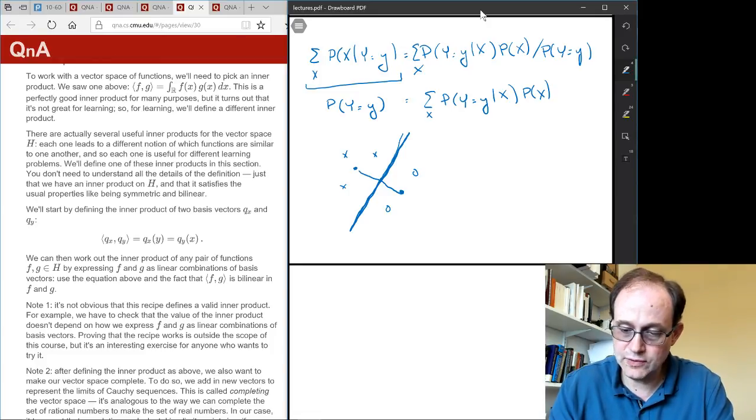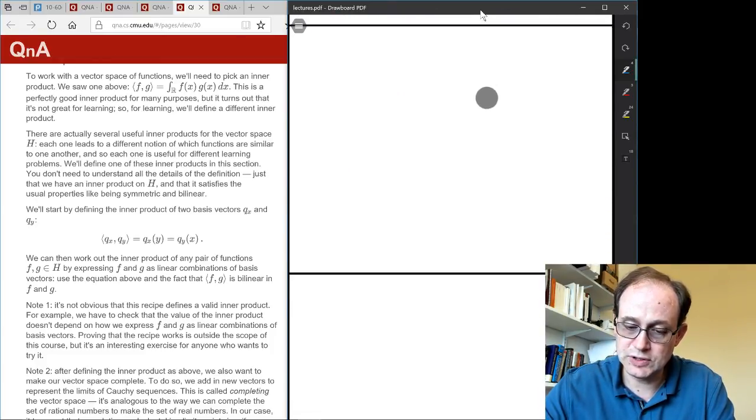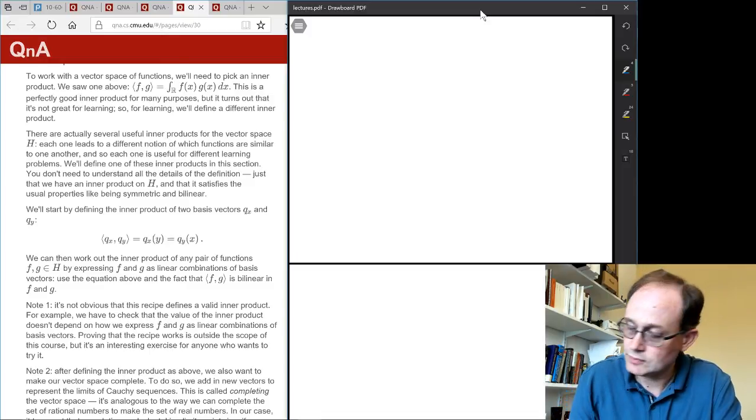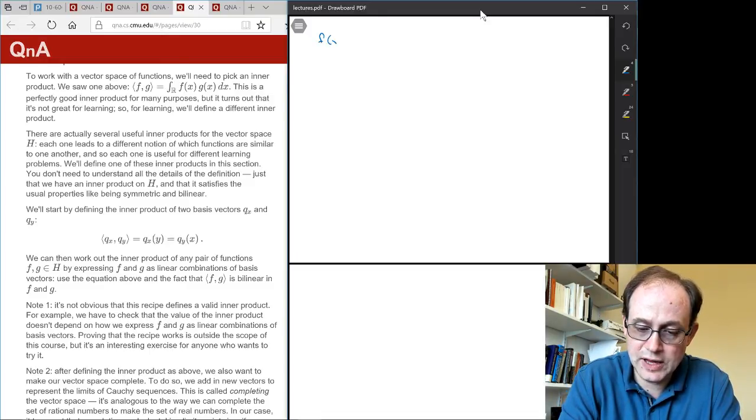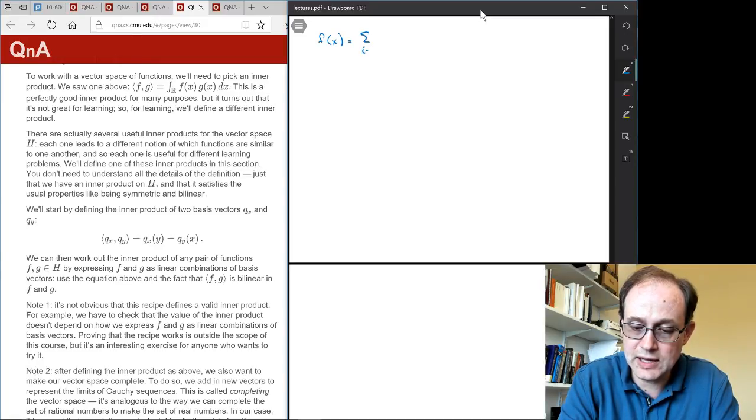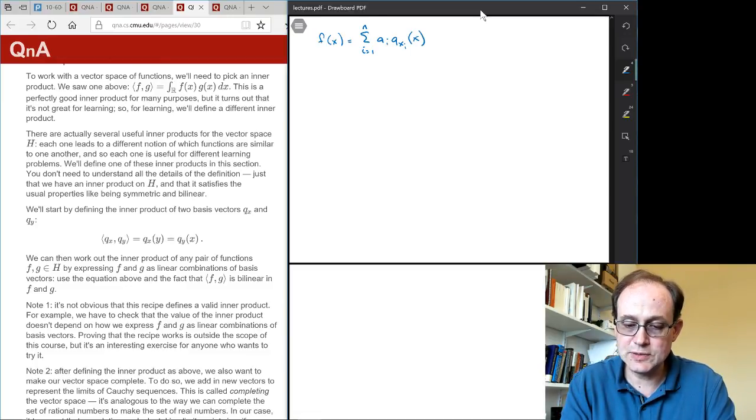So we have, move to a fresh page, we have, suppose that f of x is equal to the sum from i equals 1 to n of a_i q sub x_i of x, right? So this is expressing f as a linear combination of basis vectors.